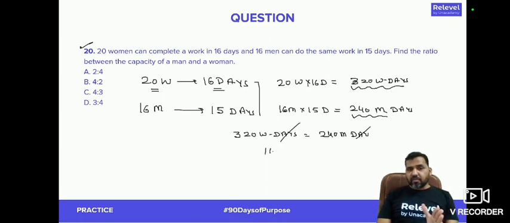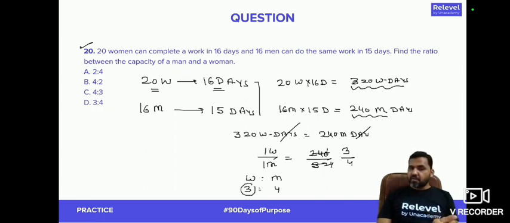These days get cancelled. You get woman and man efficiency. That means one woman upon one man would be 240 upon 320. That is 3 upon 4. That means the ratio between the efficiency of woman and man is 3:4. If a woman can do 3 units of the work a day, a man will be doing 4 units of the work a day. D is the correct answer to the question. That's question number 20.